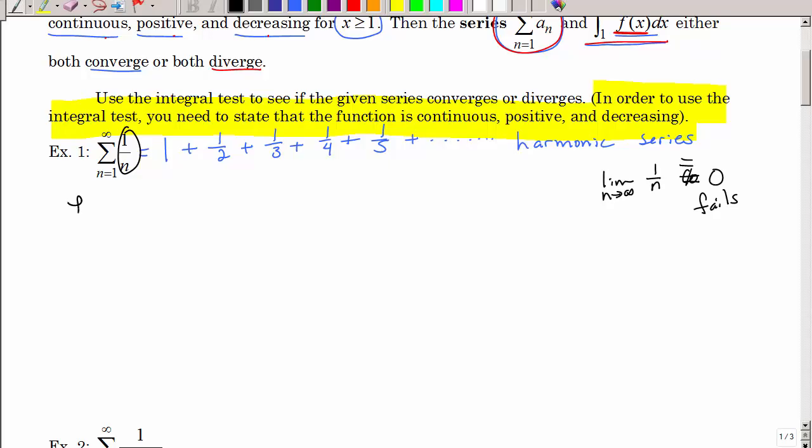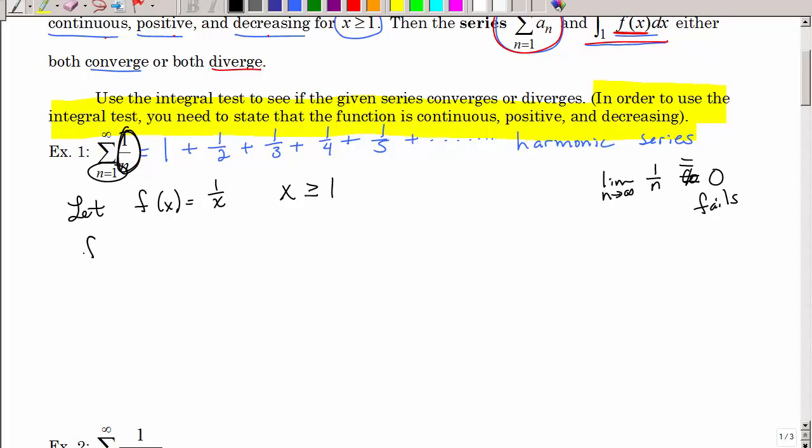So the first thing you're going to do is write down the words, let f of x equal 1 over x, not n. And I'm also going to state that x is only greater than or equal to 1. All right, so what do we have to say?